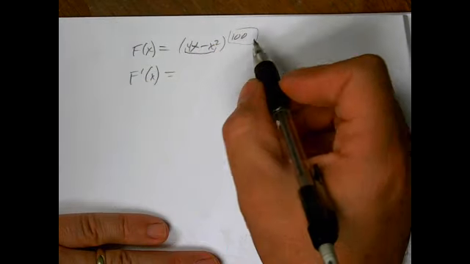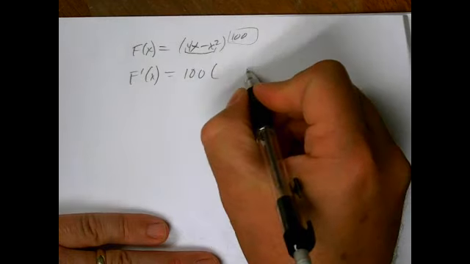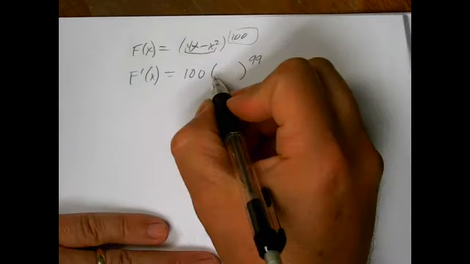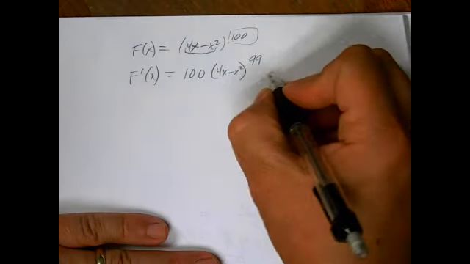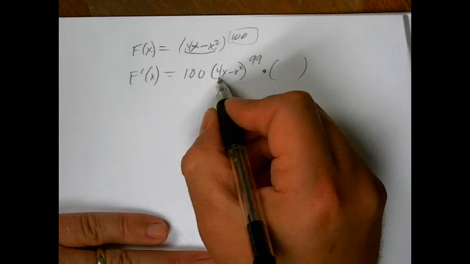We just say that the function on the outside is the 100th power function. So the power comes down, drops by 1, and the inside gets copied over. And I'm going to say times derivative of the inside. Well, that's just a polynomial.